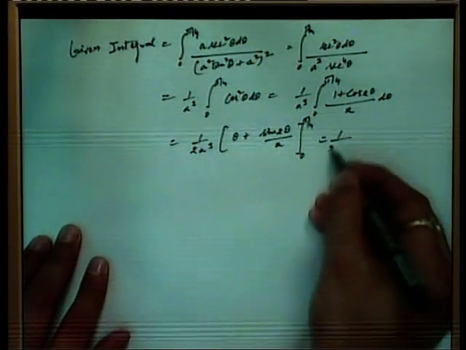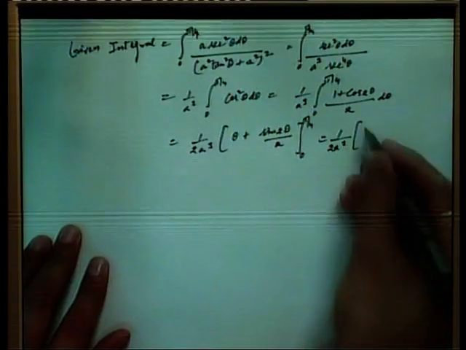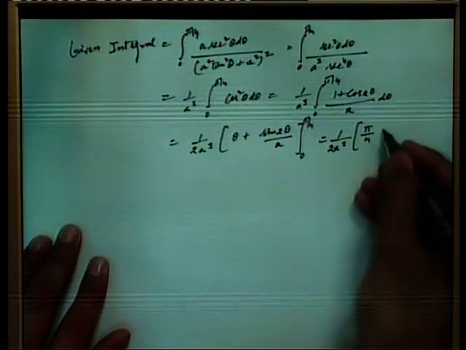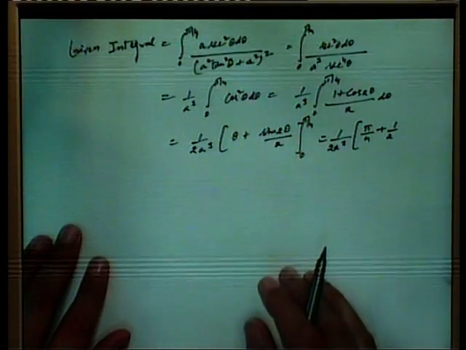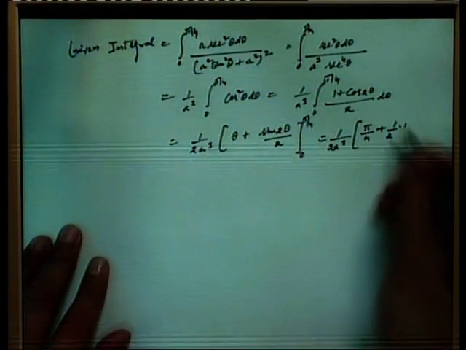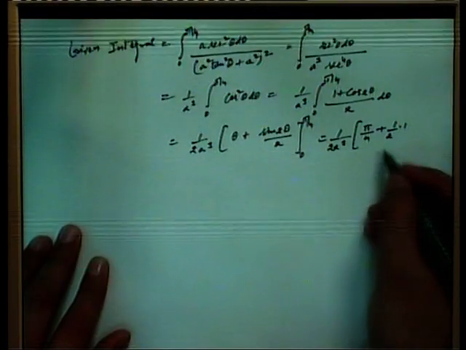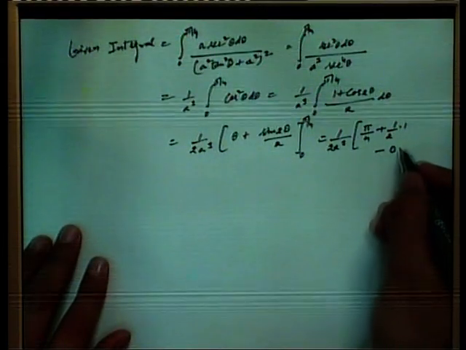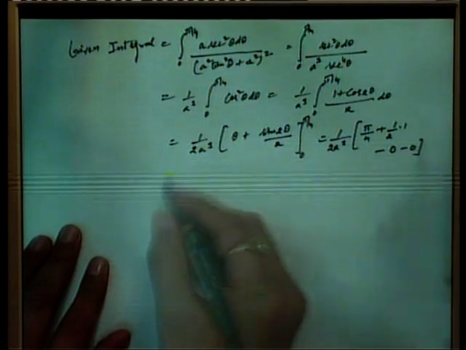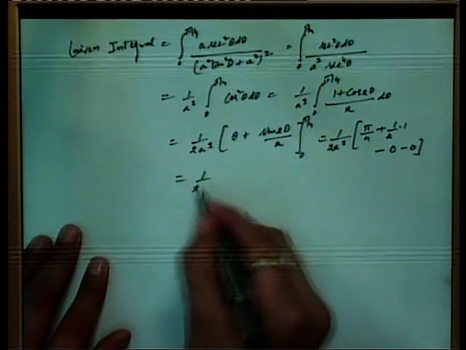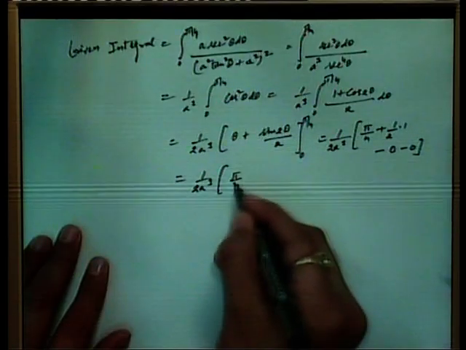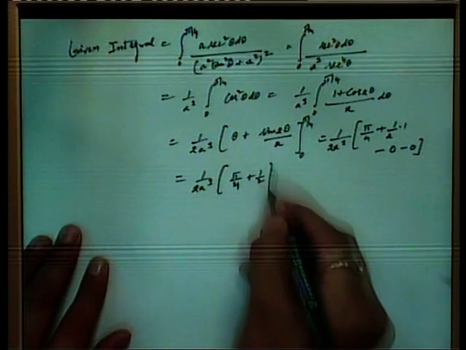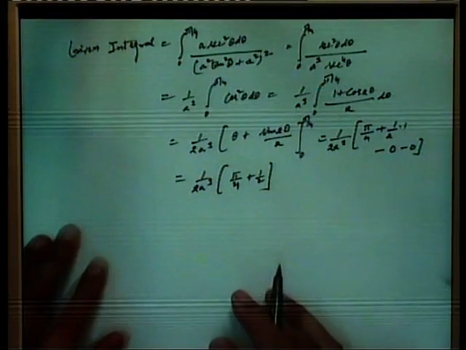After putting the upper and lower limits, the upper limit gives pi by 4 plus 1 by 2 sine pi by 2, and sine pi by 2 is again 1. Next is minus 0, after putting the lower limit, which is again 0. So you are left with the answer 1 over 2a cube, times pi by 4 plus 1 by 2. So this is again a definite value.